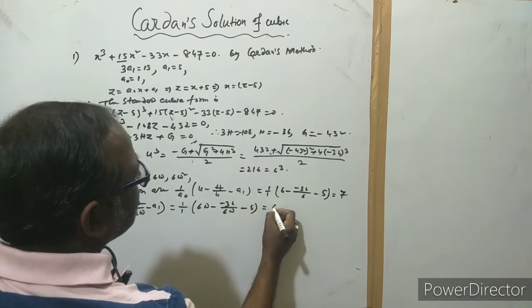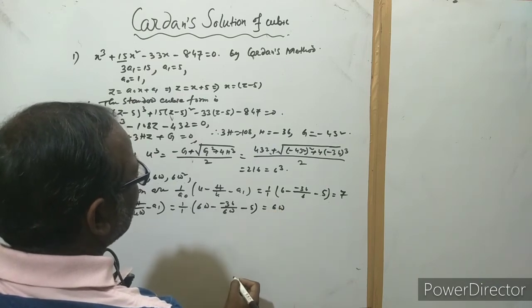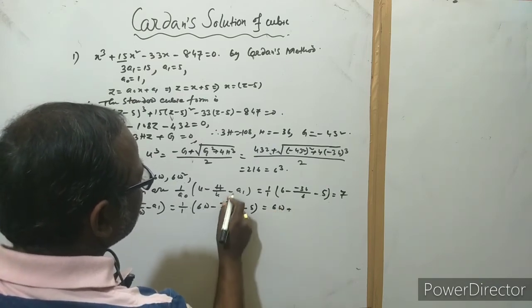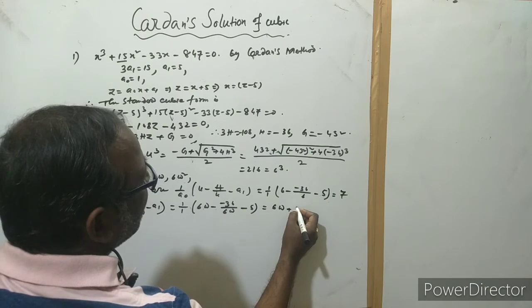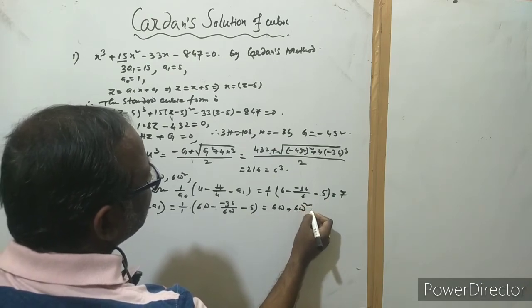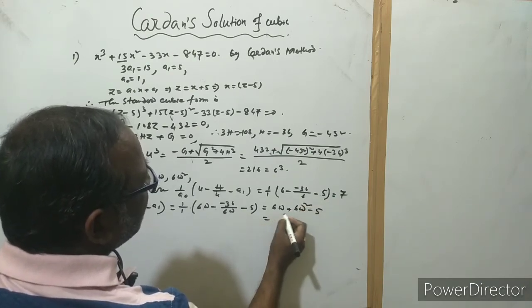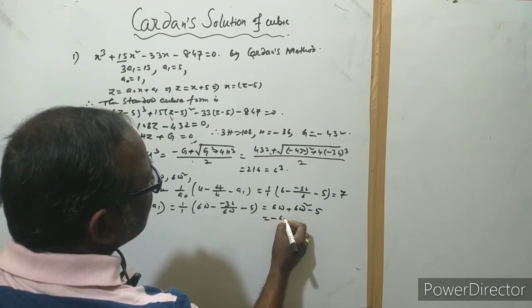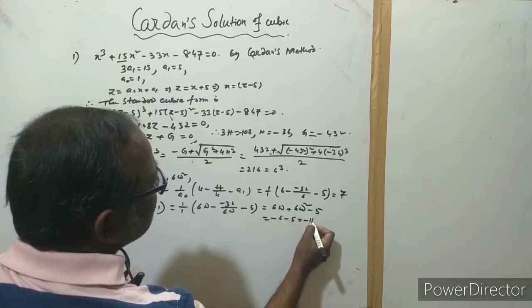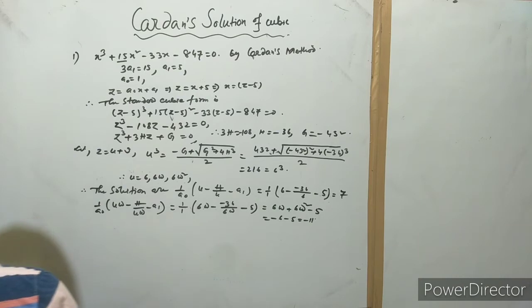so 6 omega plus 6 by omega minus 5, that is 6 omega square minus 5, and taking common, minus 6 minus 5, that is minus 11.